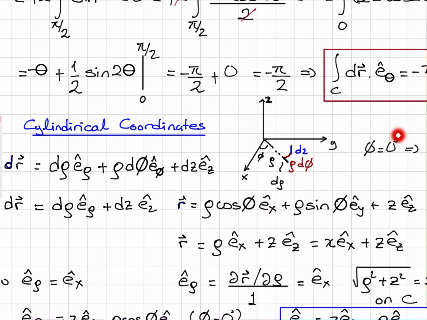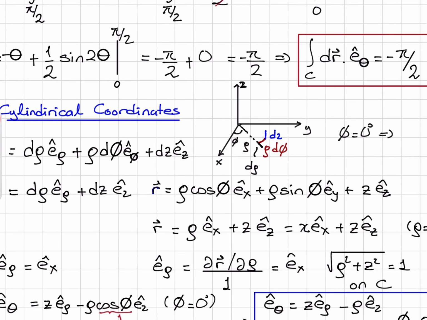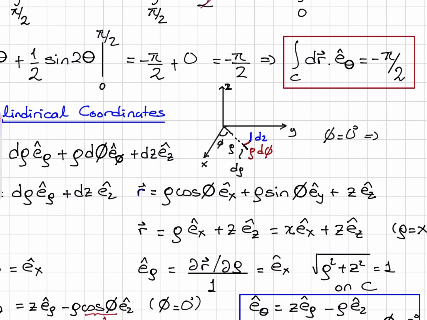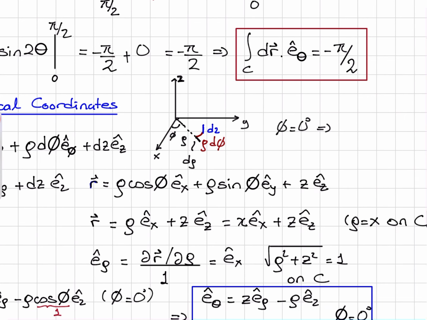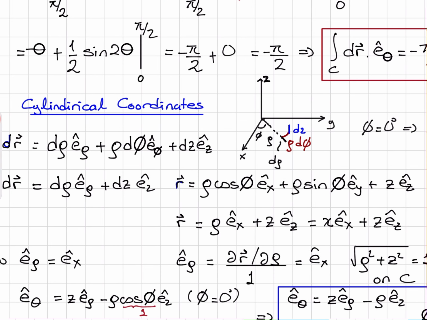On the xz plane, φ is equal to 0, so I have ρ ex hat plus z ez hat, which is also equal to x ex hat plus z ez hat, because y is equal to 0 on this contour. So I note that ρ must be equal to x on this contour. Therefore, e ρ hat is also equal to ex hat.